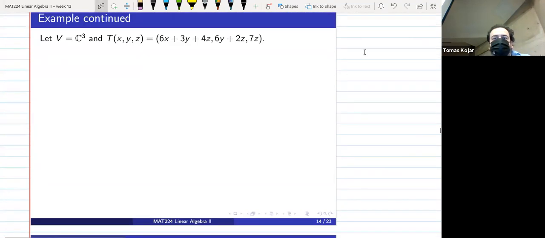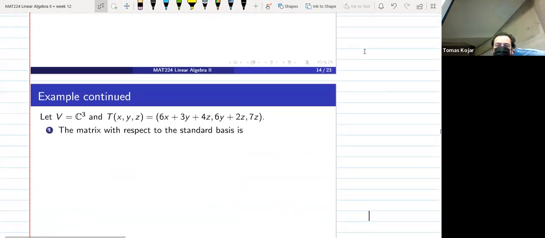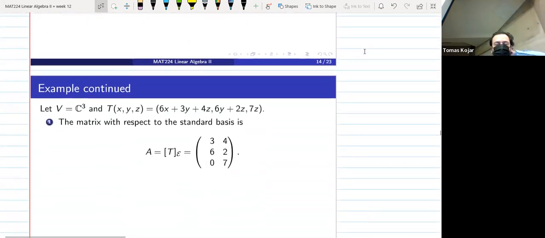Hopefully have an example. So this is the same as before, and we found its matrix. We have this 6, 0, 0, 0.